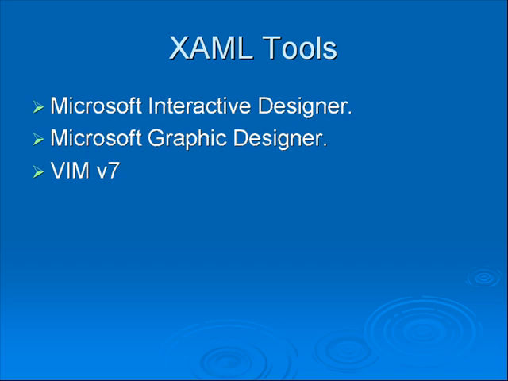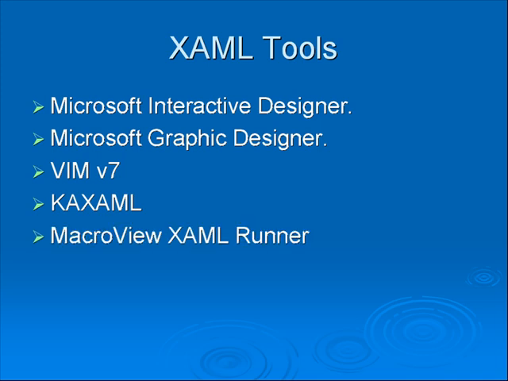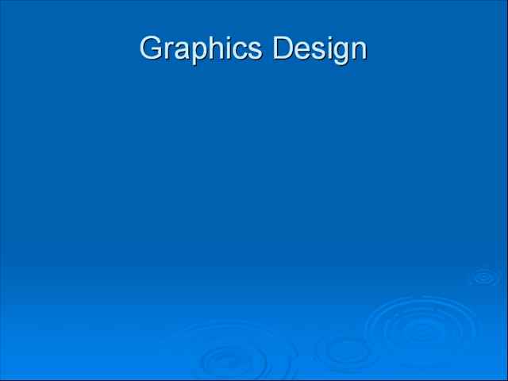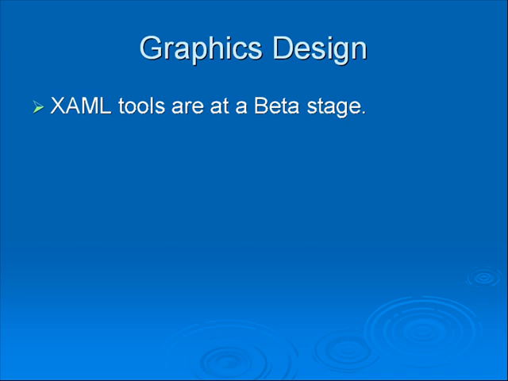I was using Vim for searching within the XAML file to change the script. XAML is another text editor that will allow for live viewing of your changes, and we've got the MacroView XAML runner. All the XAML tools are at a beta stage, so when I first started playing with them they were fairly average.